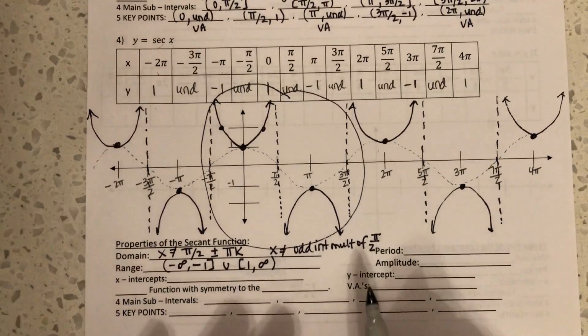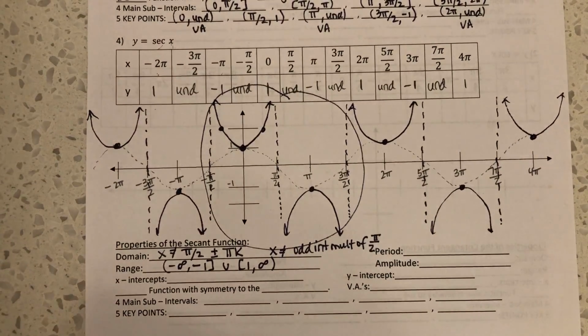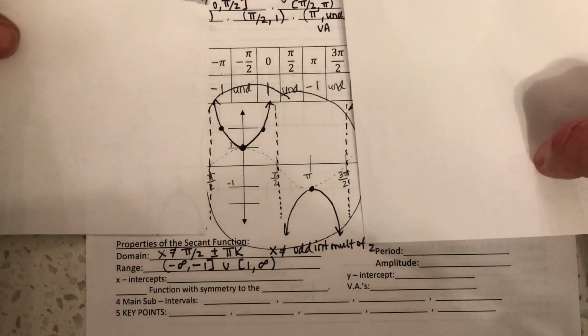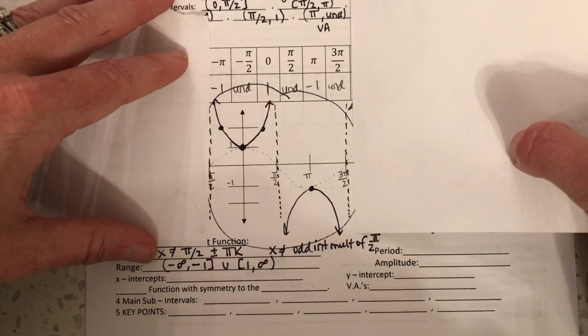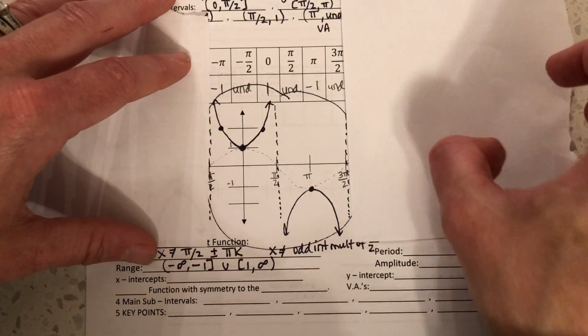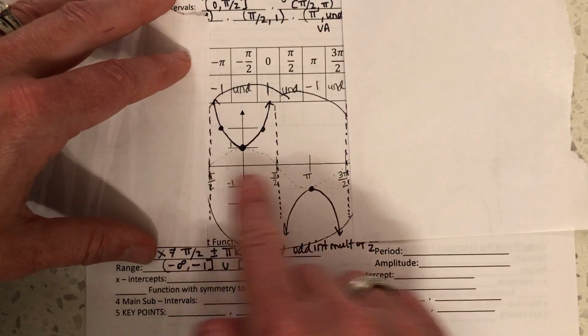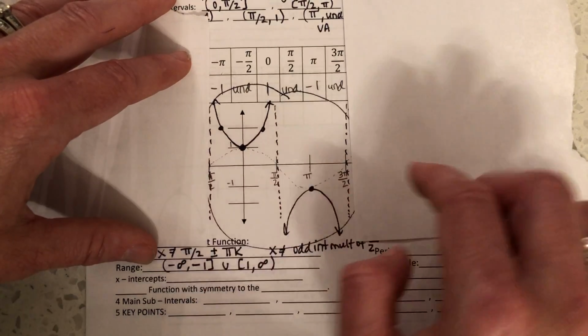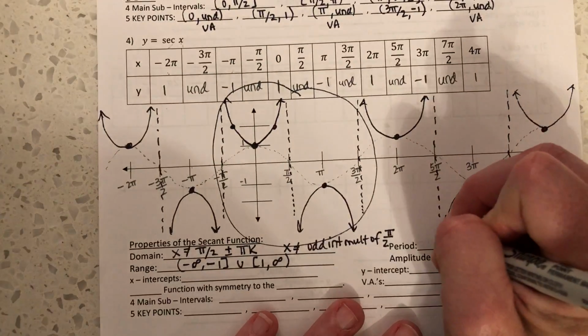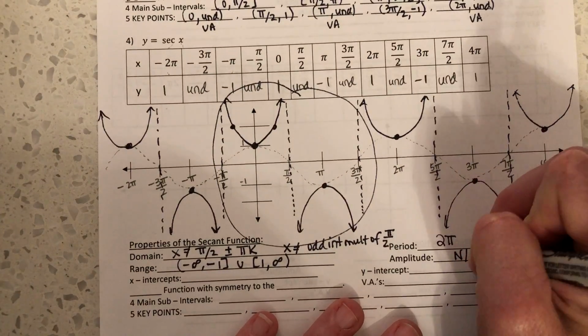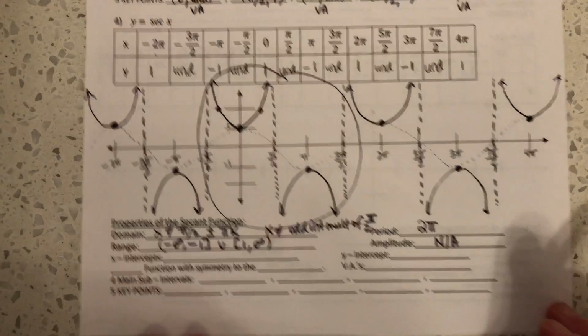All right, let's do his period. His period, to get one cycle, takes how many outputs? Well, -pi over 2 to 3 pi over 2 is still 2 pi radians big. The difference in between that is a distance of 2 pi radians. The amplitude is NA when you have that whole infinity and negative infinity thing going on.